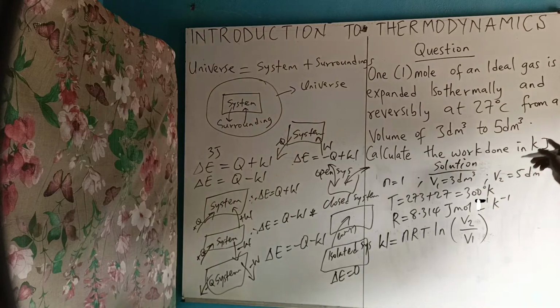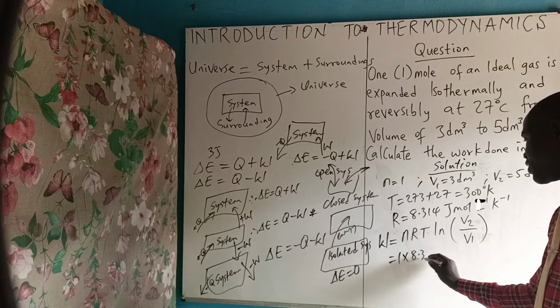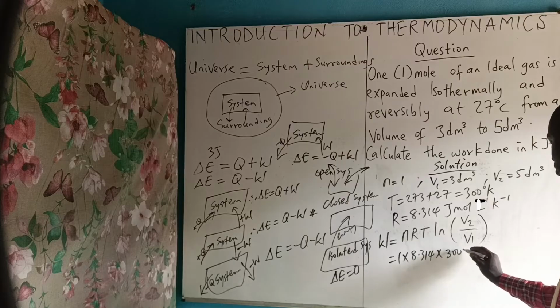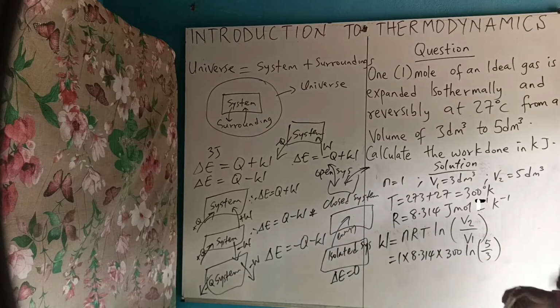We are asked to calculate it. What is your n? 1, times R, 8.314, times T, which is 300, times ln V2 over V1, which is 5 over 3.